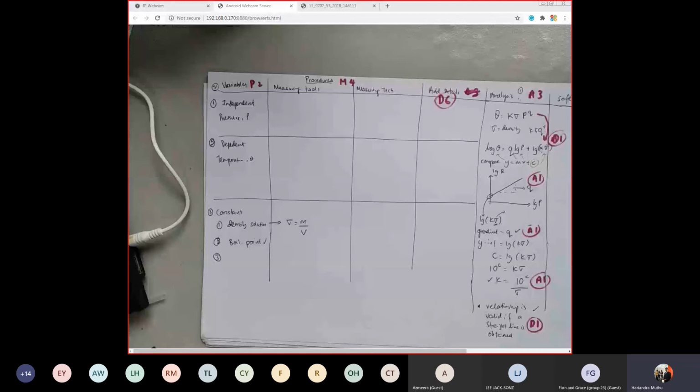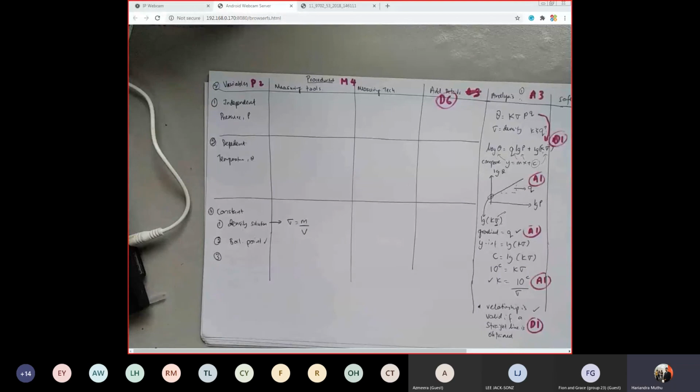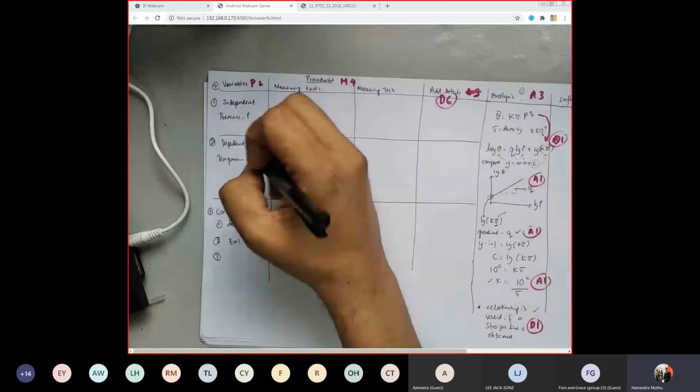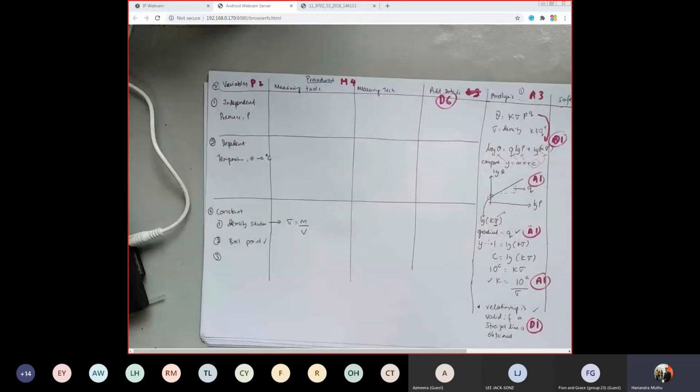Something which is accessible in a college or school laboratory, right? So what would be the best tool to measure the pressure, and what is the tool to measure the temperature? The temperature must be in degrees Celsius because the question says so.